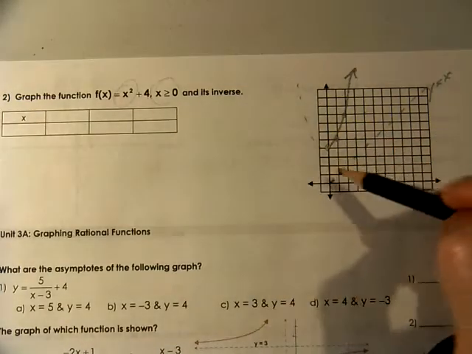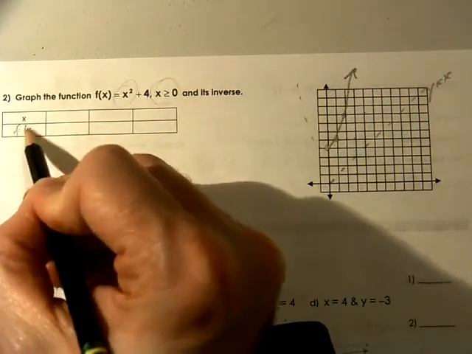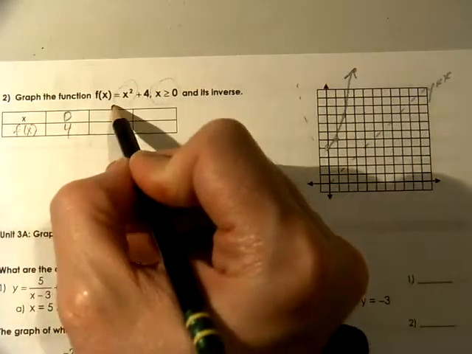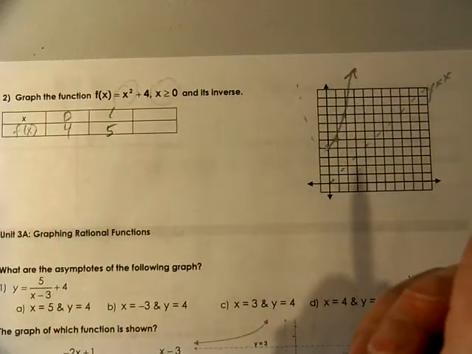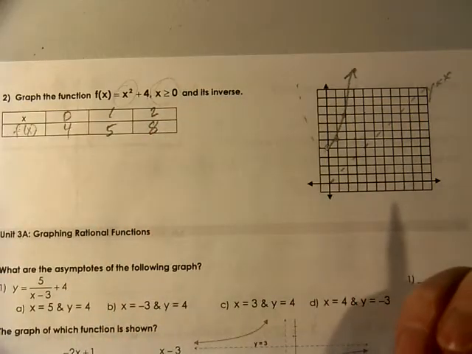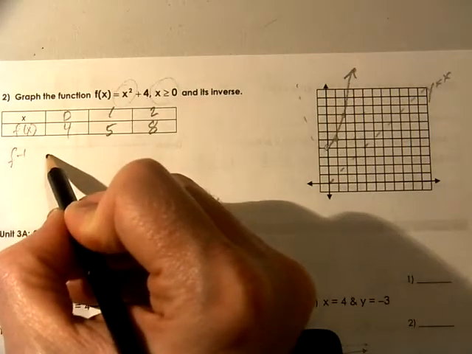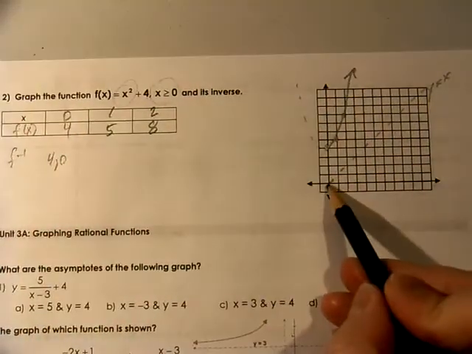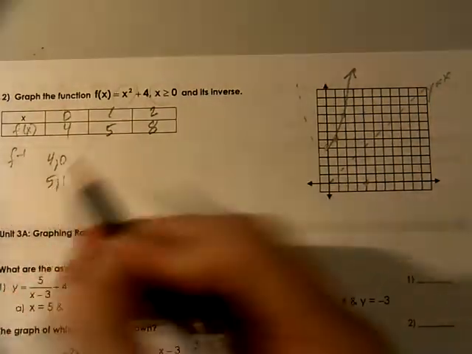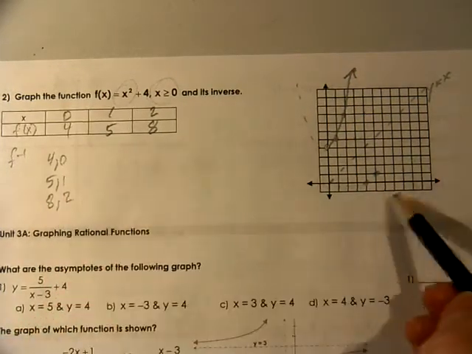So if this original graph was 0, 4 and 1, 5 and 2, 8, when we do our inverse, it's going to become 4, 0, 5, 1, and 8, 2.